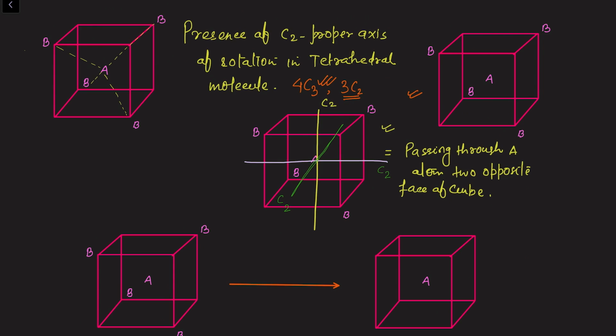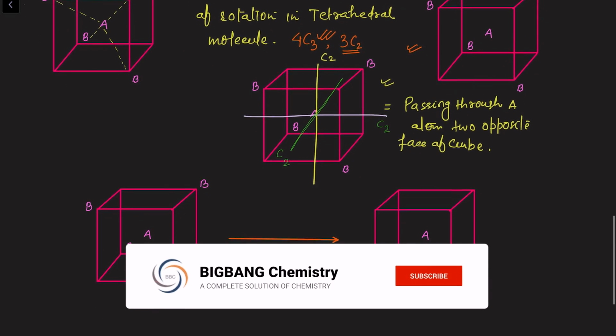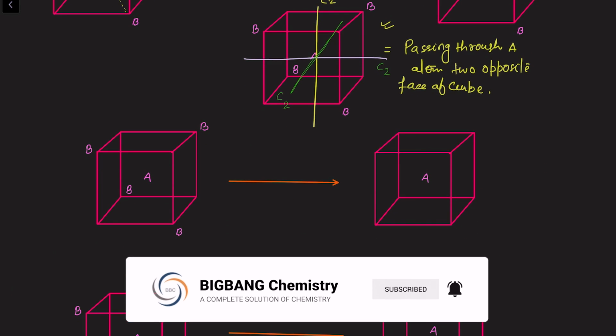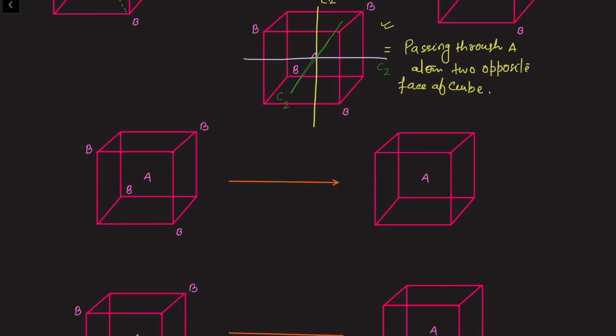Now, how to perform this C2 operation? Check the C2 operation in an AB4 type of molecule. Before performing the operation, draw one line joining these two B atoms, because then your operation will be very easy.